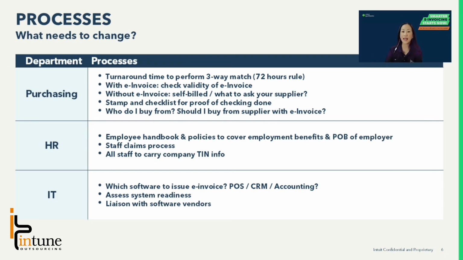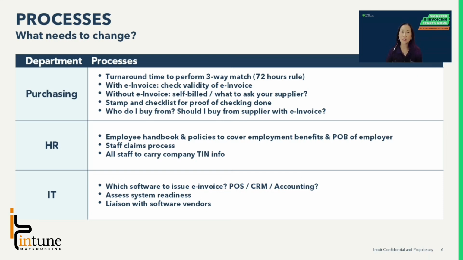And then if your supplier does not give you an e-invoice, you need to start to ask yourself if you would be doing self-bill, or what confirmations you need to be doing with your supplier. And next, for the procurement department, how to evidence that work has been done to check the validity of e-invoice.